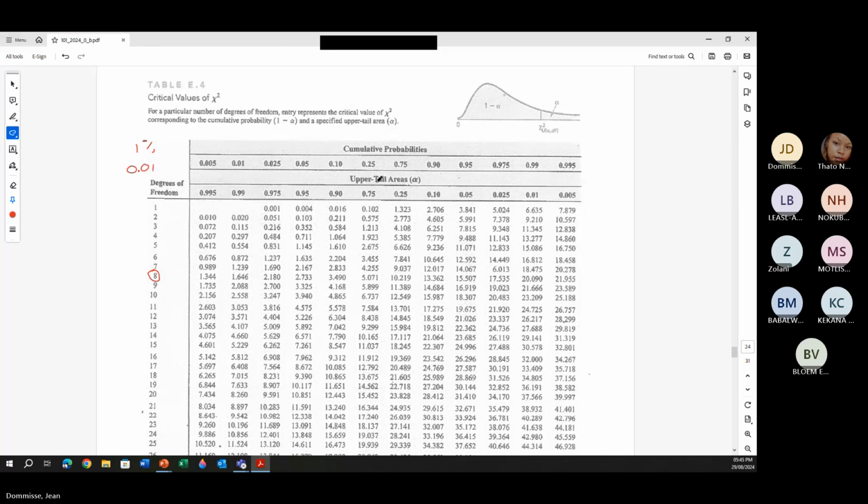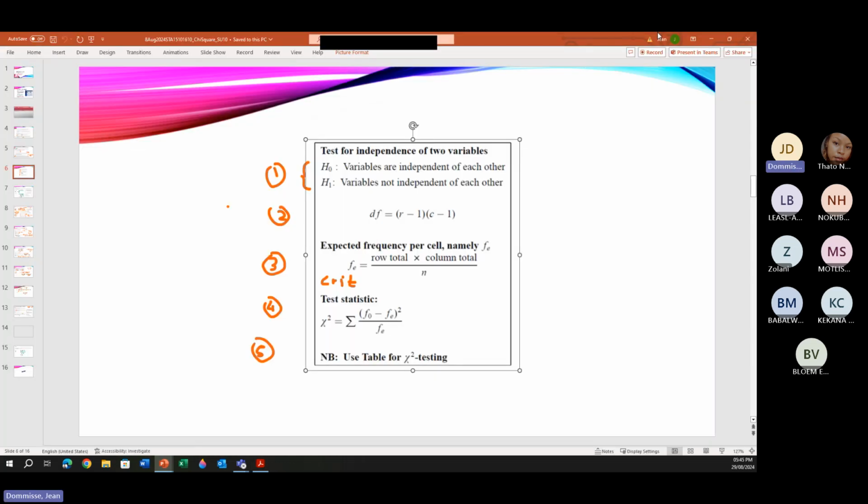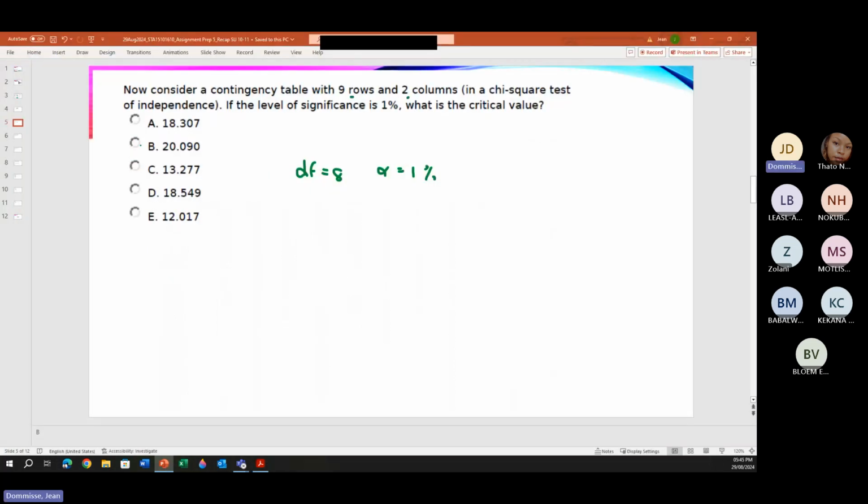So we want to get to that level of significance, 0.01. Where it crosses with 8, it's that one: 20.090, or 20.09. So option B.